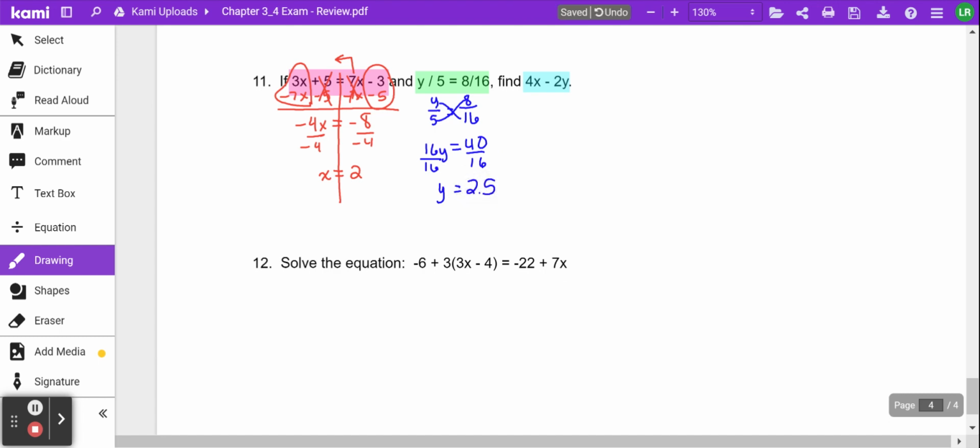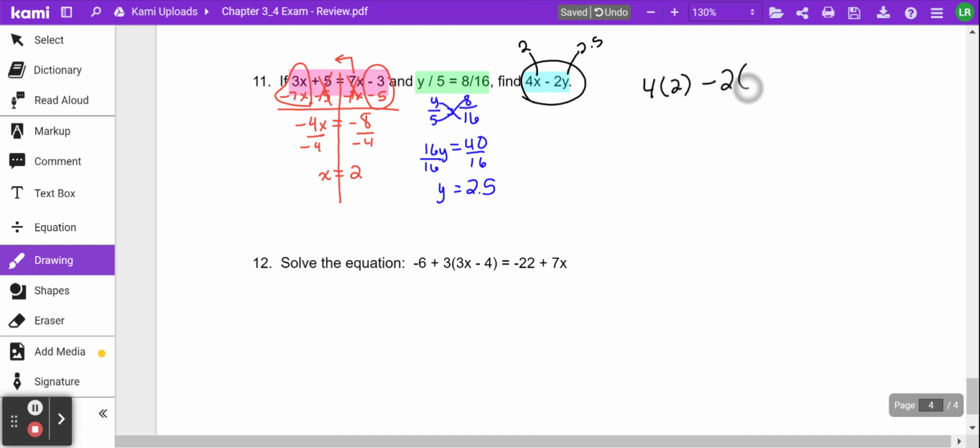Okay, and now it's time to do my final part. I know what x is. I know what y is. Now I can figure out what 4x minus 2y is. For the x, I'm putting my 2 there, so I have 4 times 2. For my y, I'm putting my 2.5, what my answer was for y.